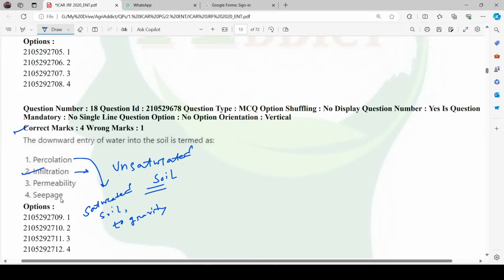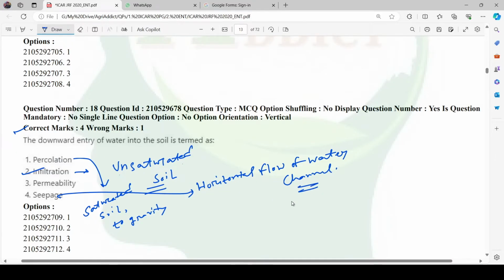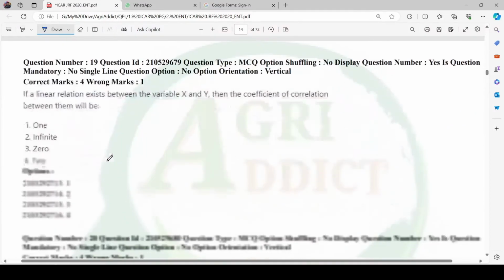And seepage is simply the horizontal flow of water through a channel. These pieces of information are very important. Another one is leaching, where nutrients are also moved along with water. So here infiltration is the correct answer.